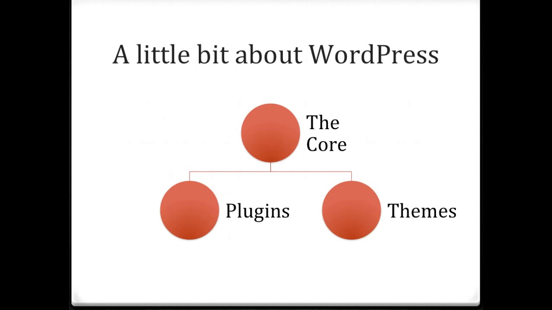Another thing to know is that WordPress has a core, which contains all the functions of how WordPress works. It is like the engine of WordPress, and above it you have plugins and themes.